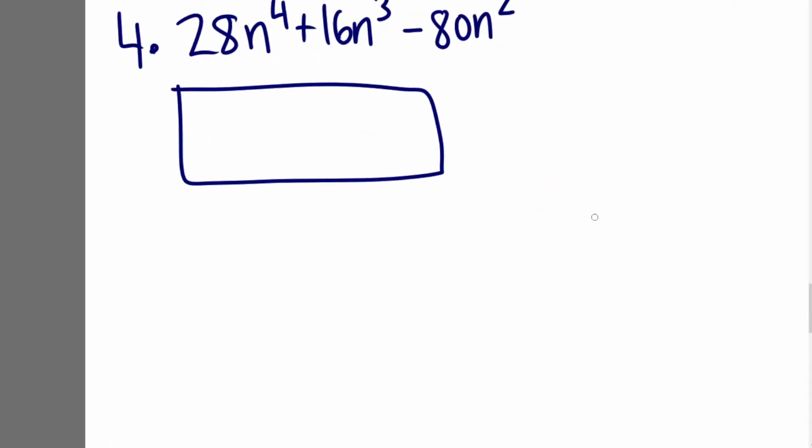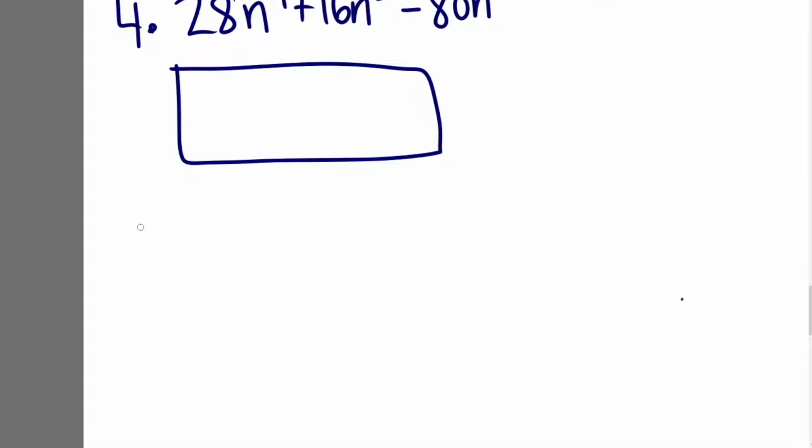So for this one, we have 28n to the fourth, 16n cubed, and 80n squared. And let's look for our common factors. It looks like all of these terms are divisible by 4, and all of these terms have at least an n squared. So what we can do is we can take out a 4n squared.